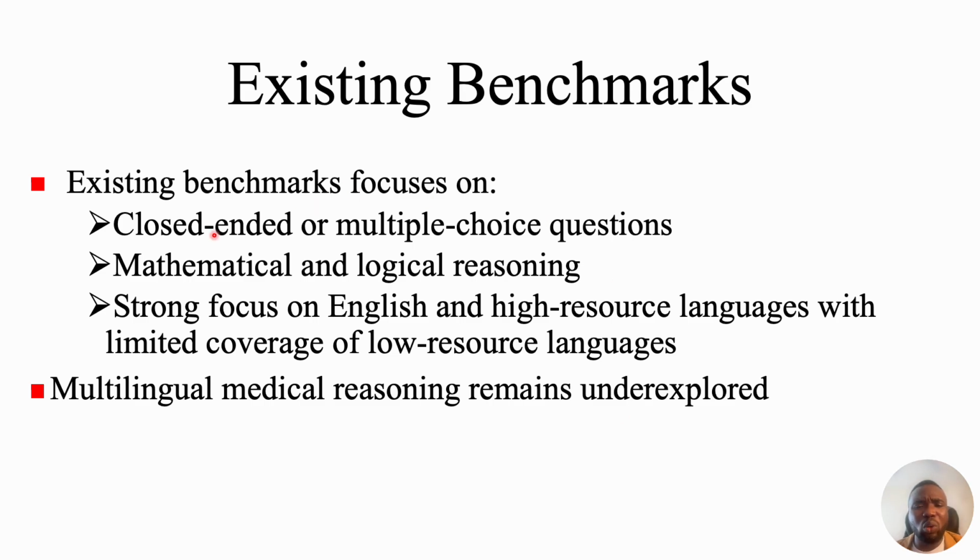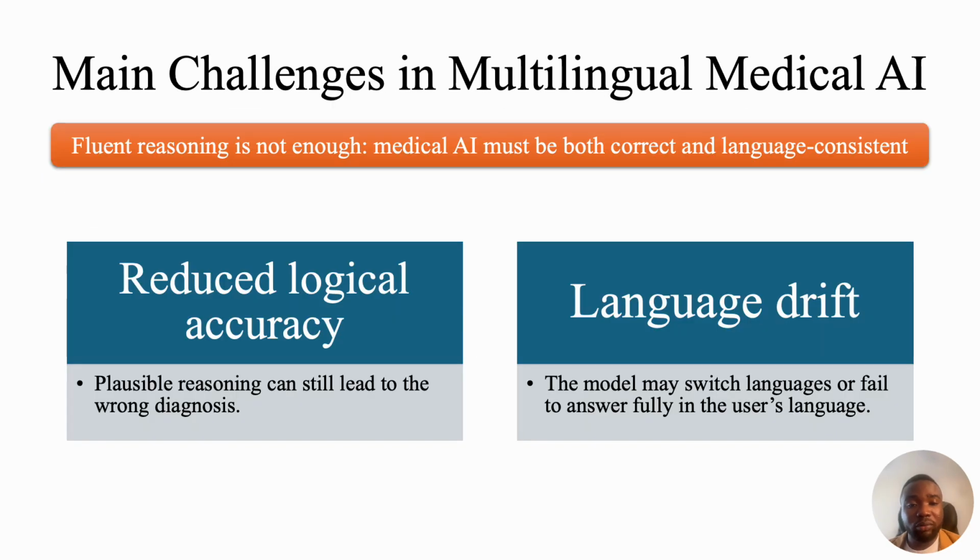Existing benchmarks focus on close-ended questions. There are a lot of benchmark datasets on mathematical and logical reasoning. There is a strong focus on English and high-resource languages with limited coverage of low-resource languages. Multilingual medical reasoning is a field that remains underexplored.